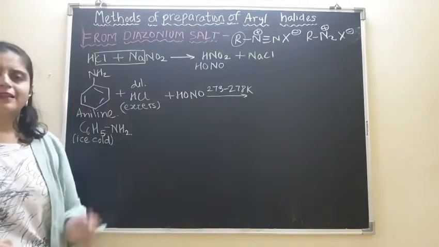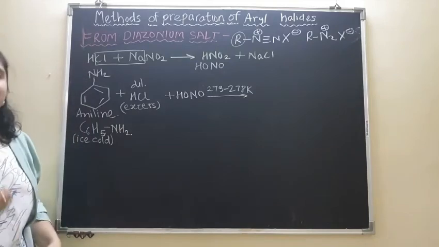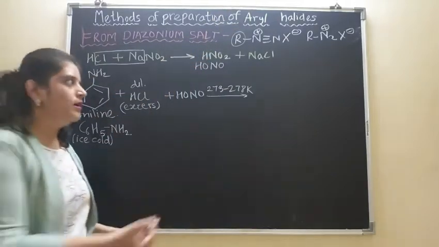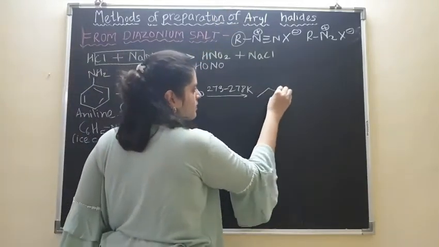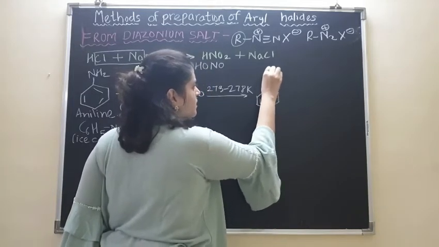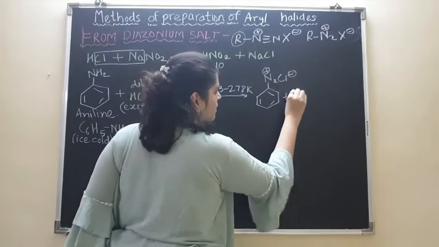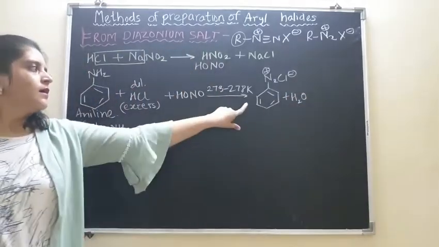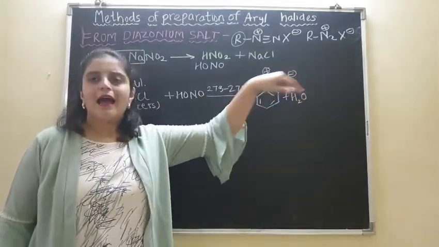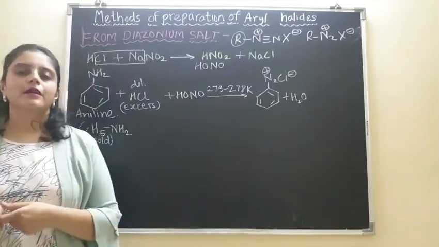Now after this reaction, the NH2 group will be replaced by the functional group that is present in diazonium salt. It will form a compound which contains N2 plus and Cl minus functional group, or we can say it will form a diazonium salt.